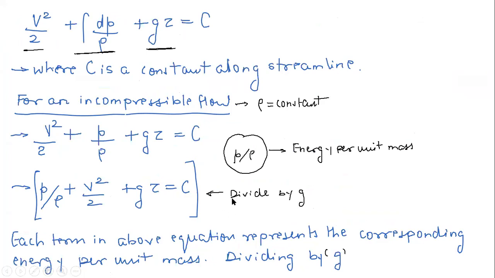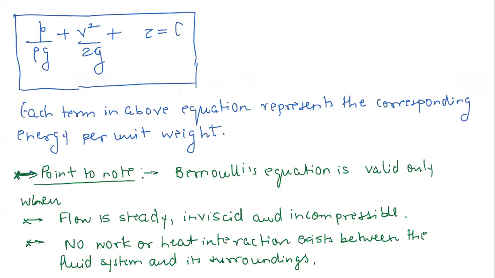Okay, so once you divide it by g, this will become p by rho g plus v square by 2g plus z is equal to constant. But now make it very clear: since we have divided by acceleration due to gravity, this will represent energy per unit weight.